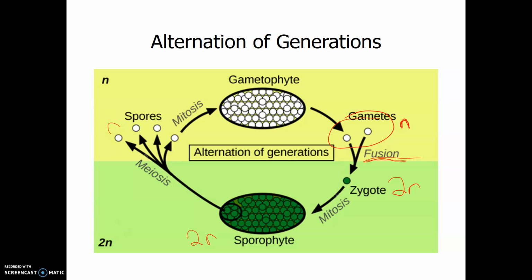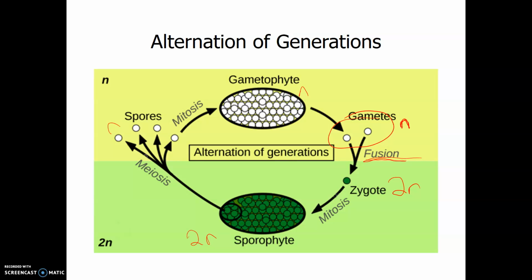And those spores, in the more primitive plants, just land on the ground, and if the conditions are right, if there's enough water and minerals, then they will germinate, and they'll start to divide by mitosis and form the gametophyte structure. And the gametophyte is multicellular also, but all of its cells are haploid.